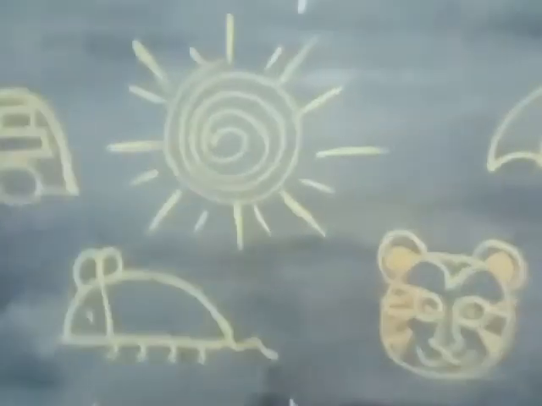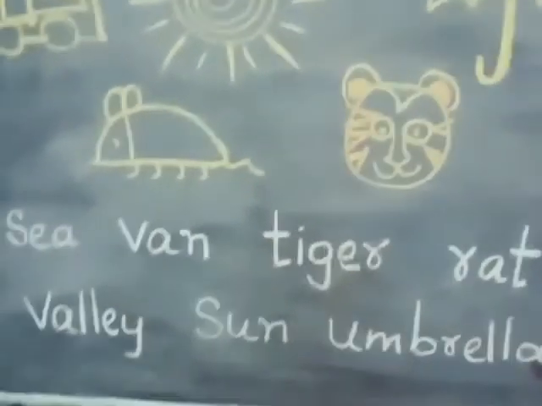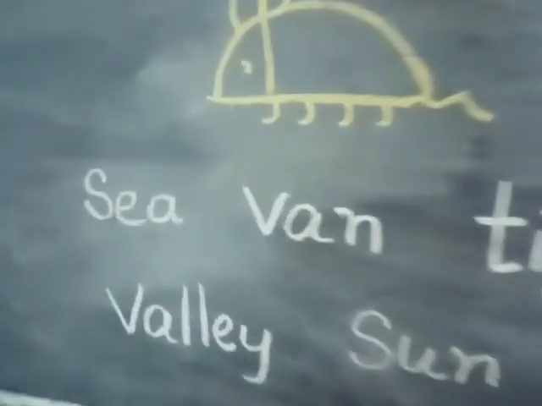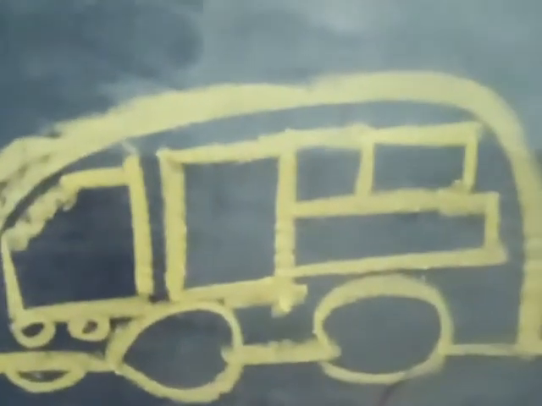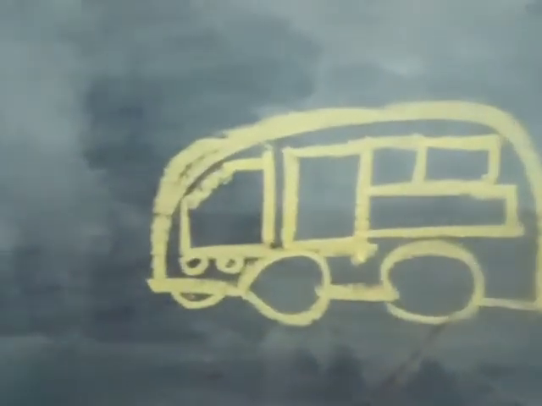So here are some pictures. Can you see? There are some pictures and below are some words. Okay. Can you see the words? Yes, you have to identify the picture and circle the words below. Okay. Now let's see what's the first picture.